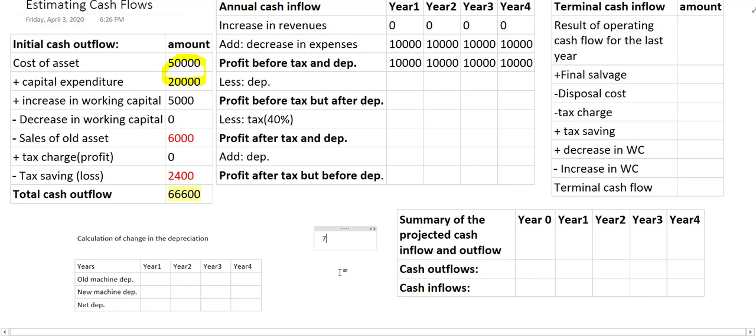Cost of the project was equal to 70 into 33.33 percentage, right? So percentage then equal to how much?